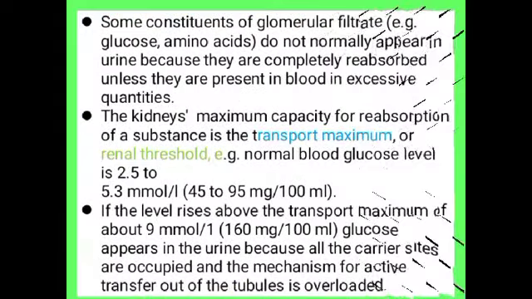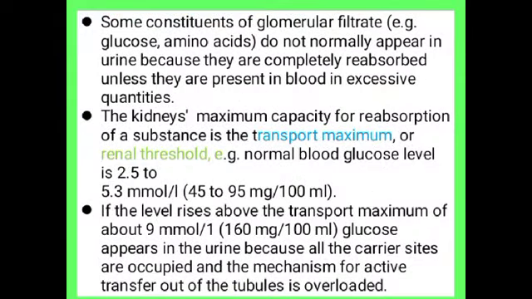Some constituents of the glomerular filtrate, like glucose, as we have already mentioned, get reabsorbed at the proximal convolution to maintain what is needed in the blood glucose level. There's a certain amount of glucose that has to be found in the blood.